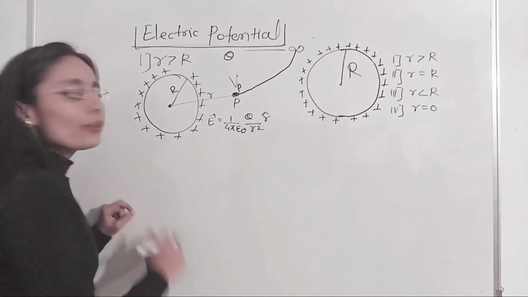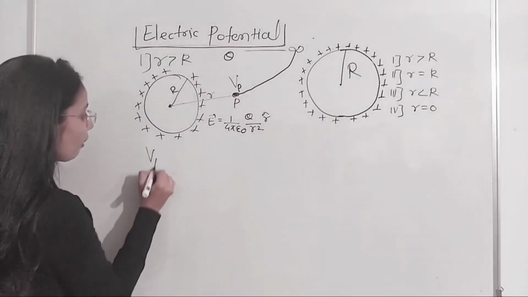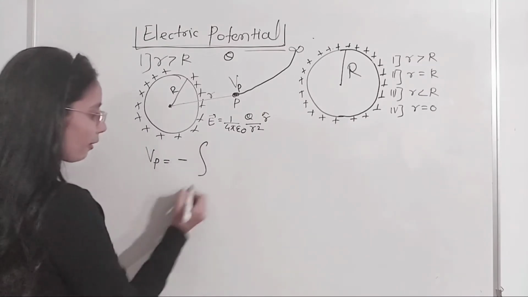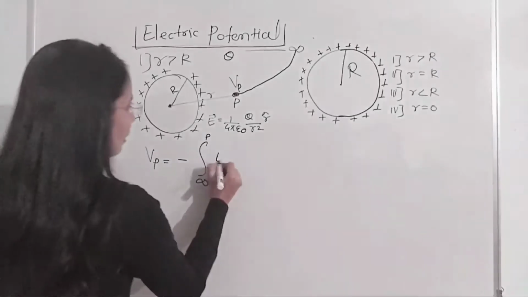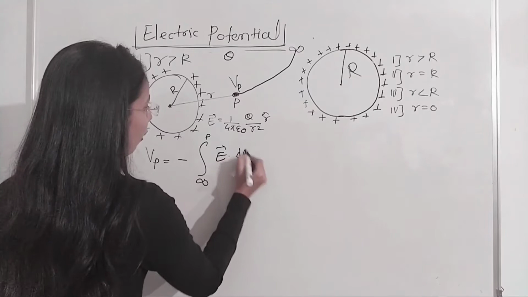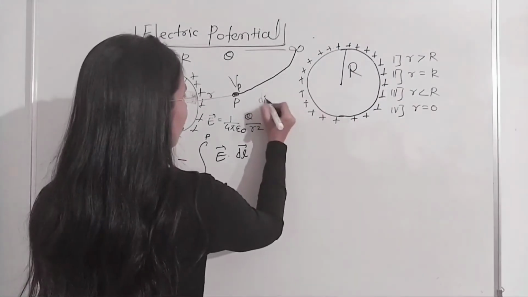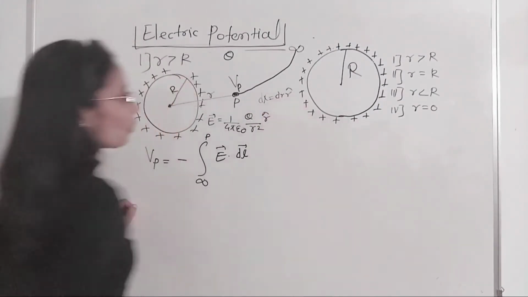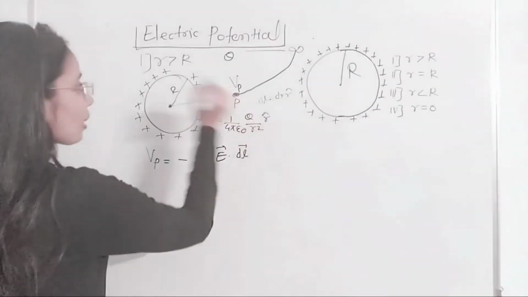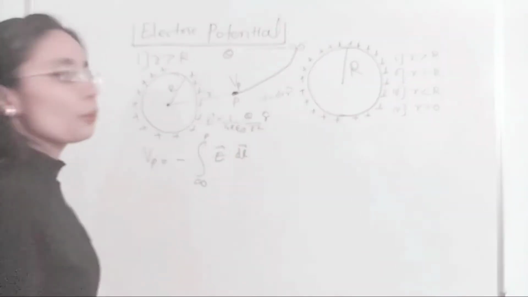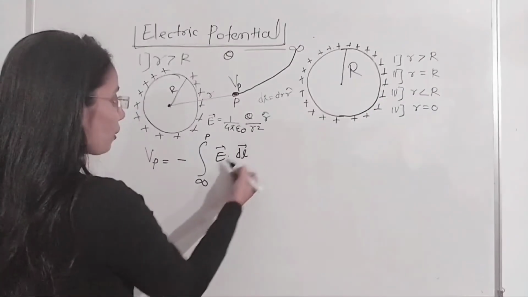The formula for calculating the electric potential is Vp equal to minus the integral from infinity to that point P of E bar dot dl bar. Since this is a sphere, dl is dr r cap. The electric field at that point is E bar equal to 1 by 4 pi epsilon naught, q by r square, r cap, so we can put this value here.